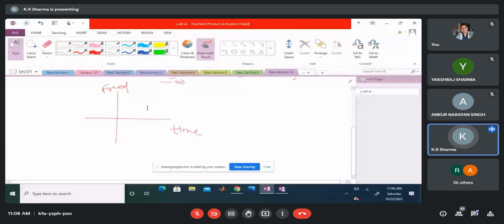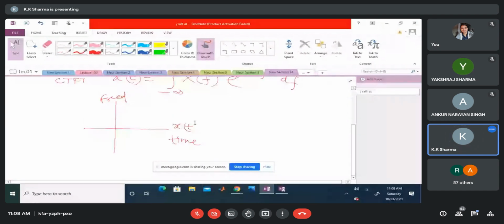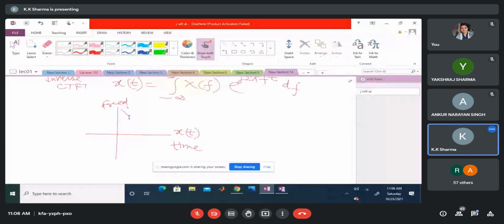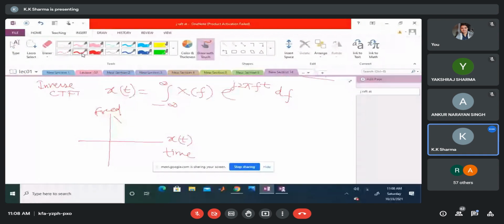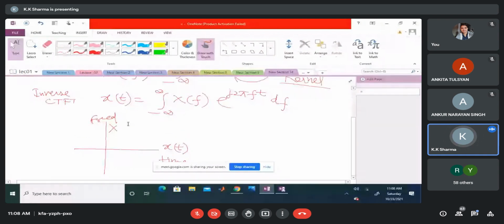But for the time being, consider that this particular axis is representing a time domain signal. This particular axis is representing the frequency domain signal.